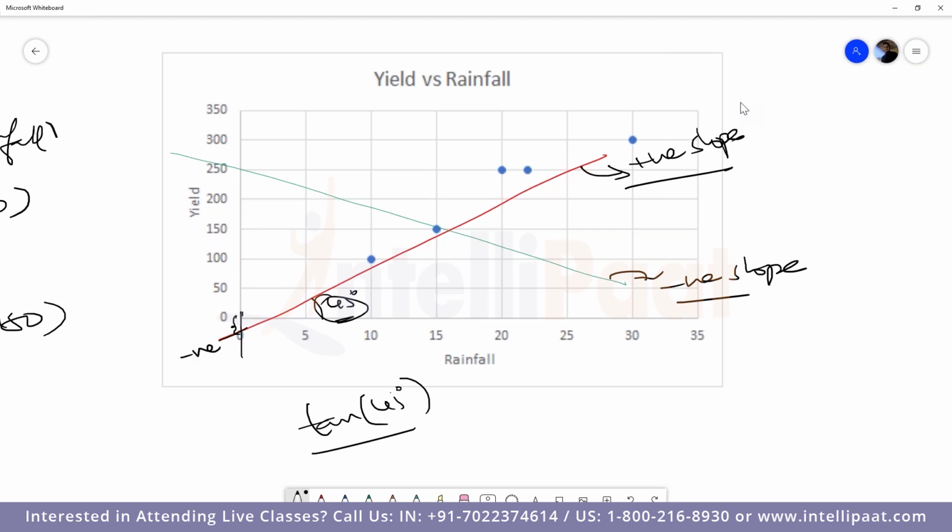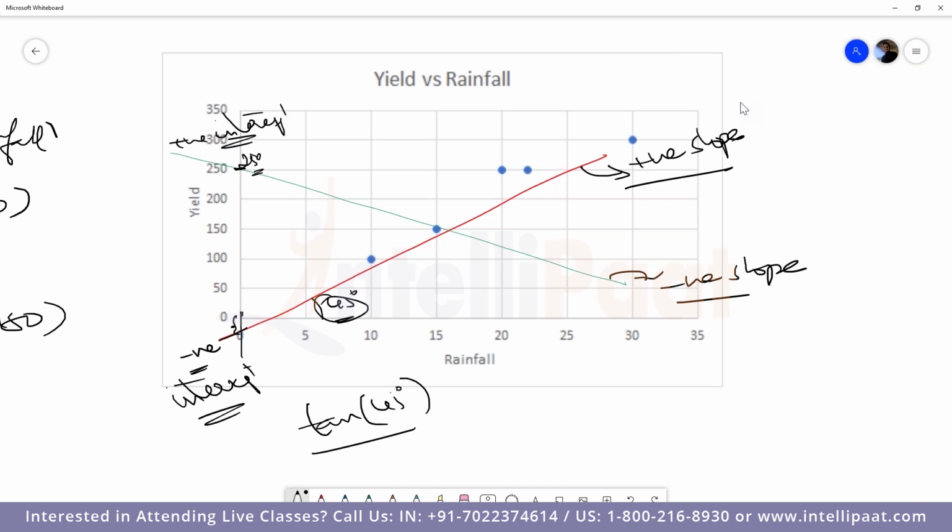This has a negative intercept. Intercept is simply nothing but the point at which the line cuts the y-axis. The point at which this particular equation cuts the y-axis. Here, the intercept is almost around 250. This is nothing but your intercept. This has a positive intercept, right?